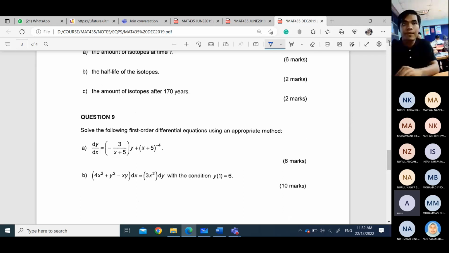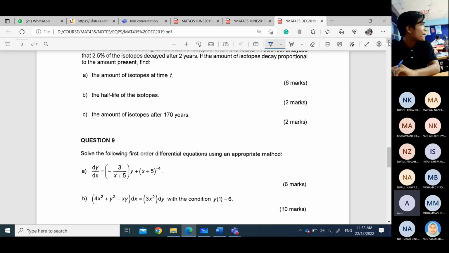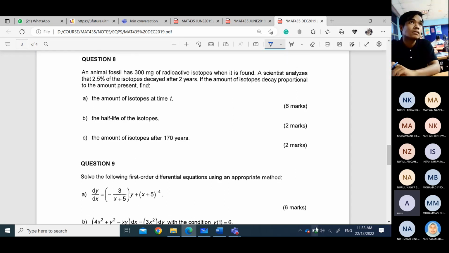Yang ni dah discuss ke belum? Kenapa? Question 9? Belum. Sorry ke? Belum Yang 10. 10 tadi tu. Alamak, battery nak habis. Nak juga. Tapi tak masuk lagi. Tak masuk lagi second order. Apa nak buat dah? So dia nak buat. So dia buat ke depan doktor.